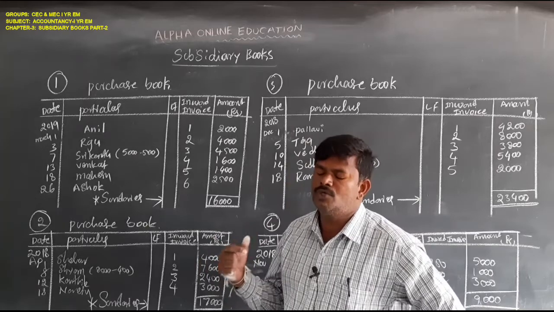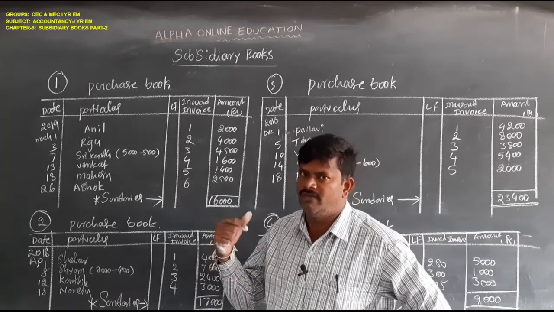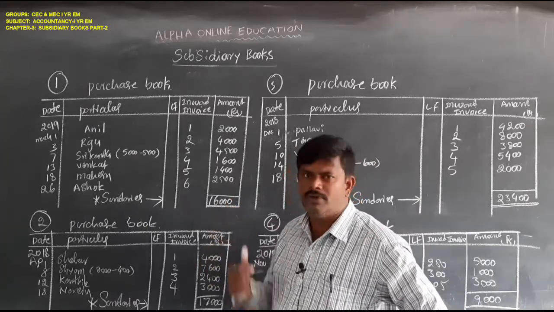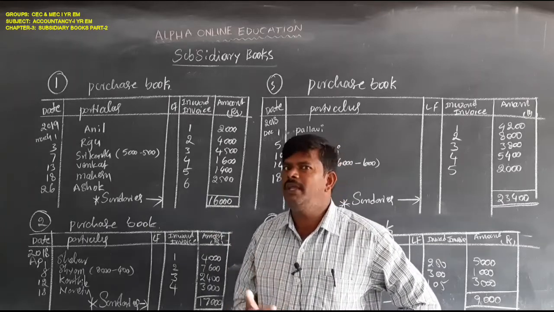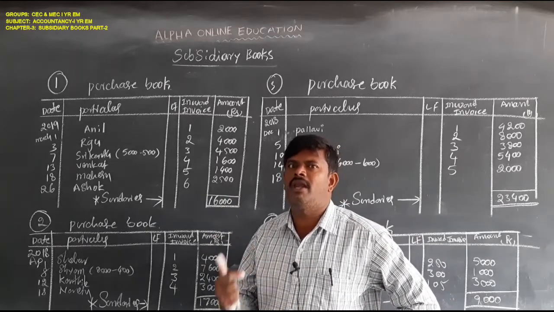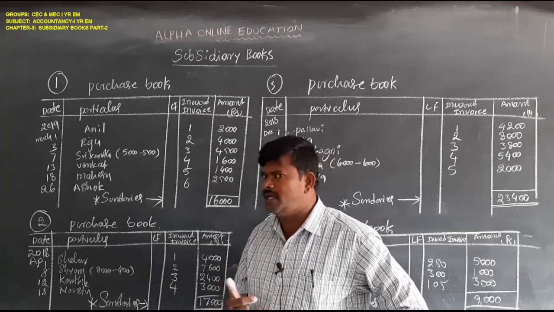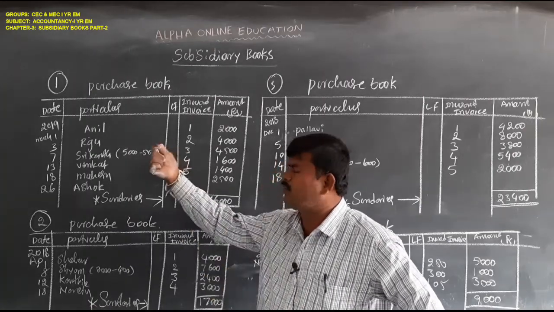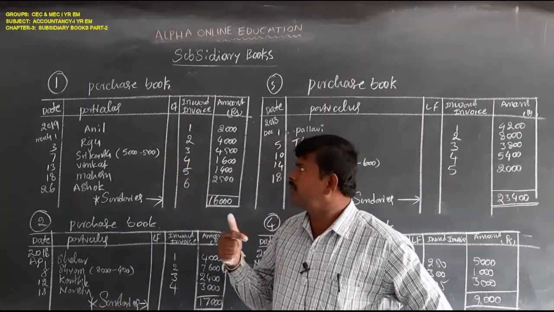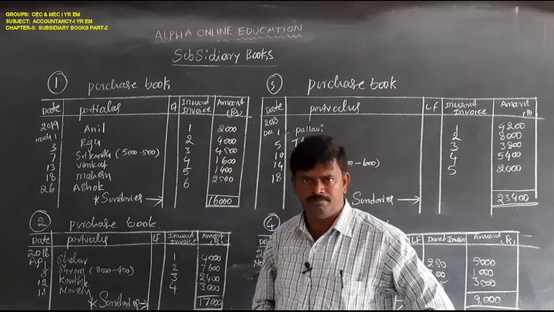We record the supplier name, that is, from whom we purchased, in the particular column, and the amount in the amount column.